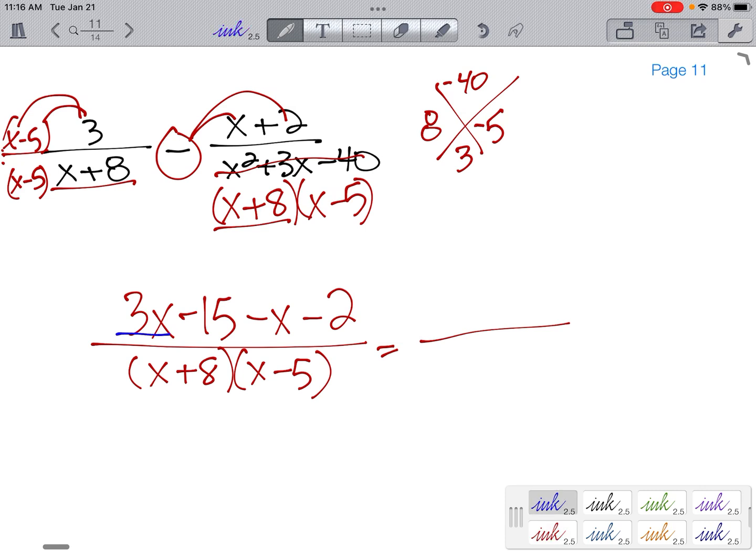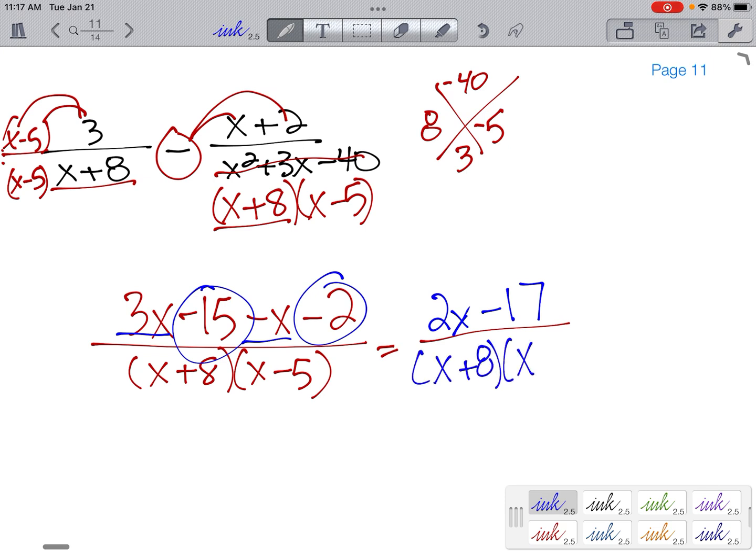We have 3x minus x, which is 2x, and negative 15 minus 2, which is negative 17, and then we bring over our denominator. Our numerator cannot be factored any further. So this is actually the solution to our problem: 2x minus 17 over x plus 8 times x minus 5.